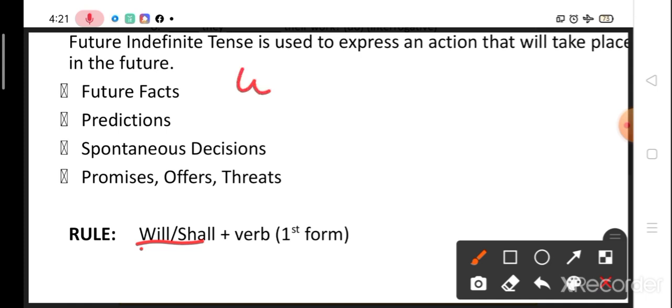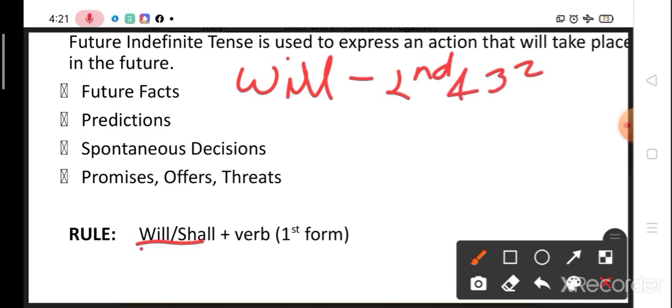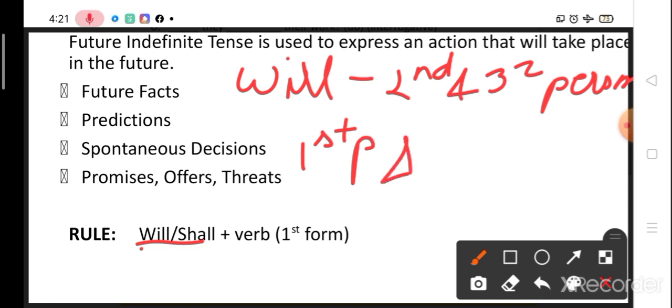Will is used for second and third person, and first person singular or plural.